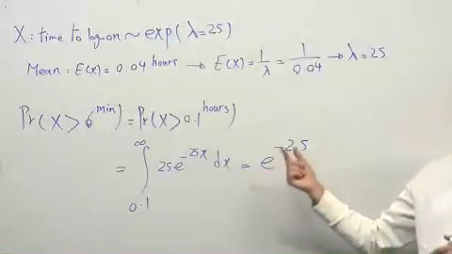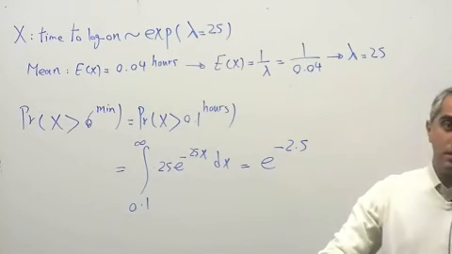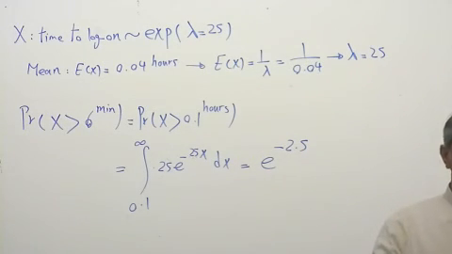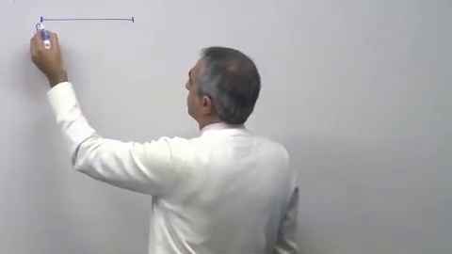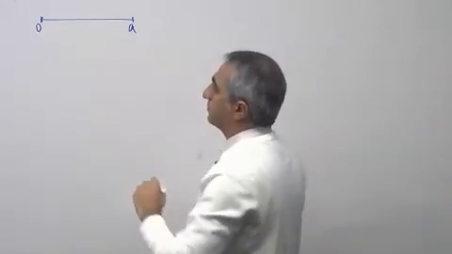The second part gives you the probability and asks for the number associated with it.